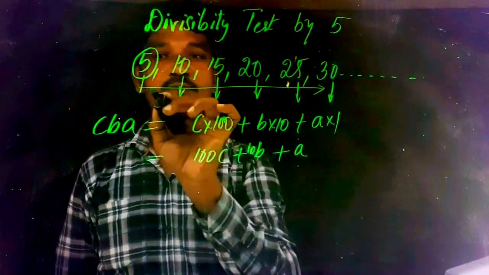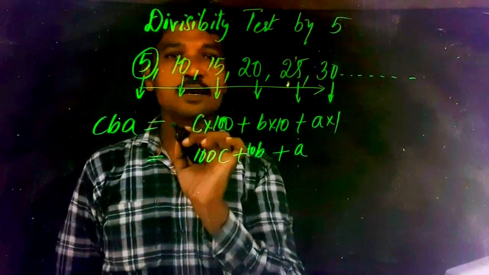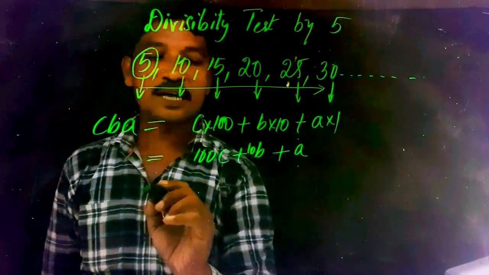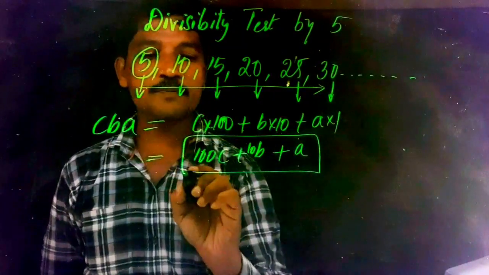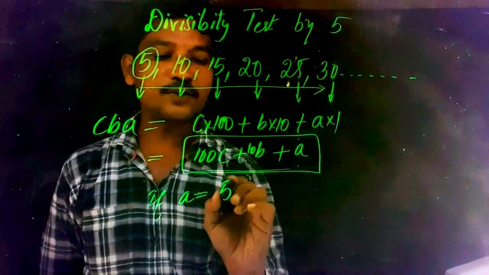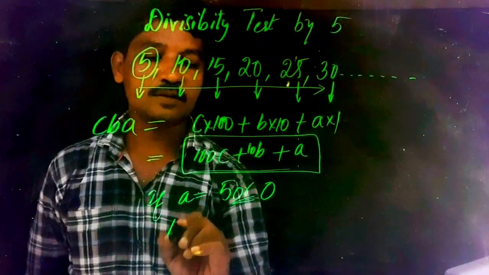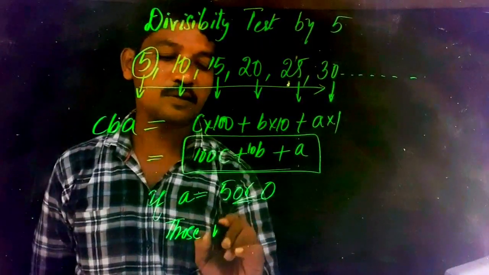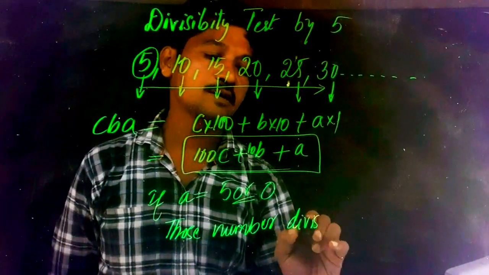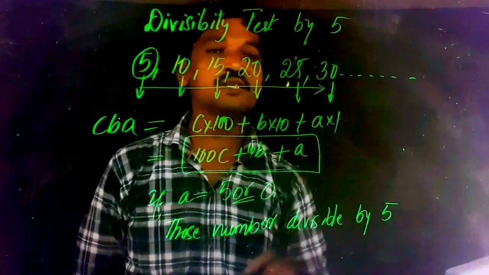So what we found here is that the number should end with 5 or 0. Therefore, in this general formula, if A equals 5 or 0, those numbers are divisible by 5.